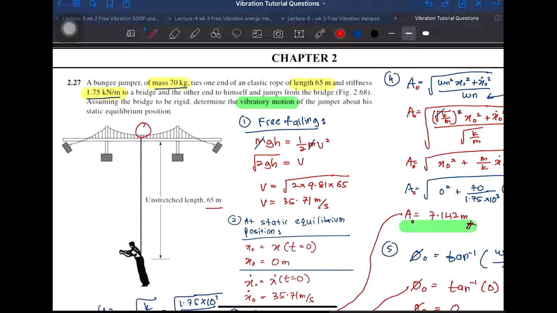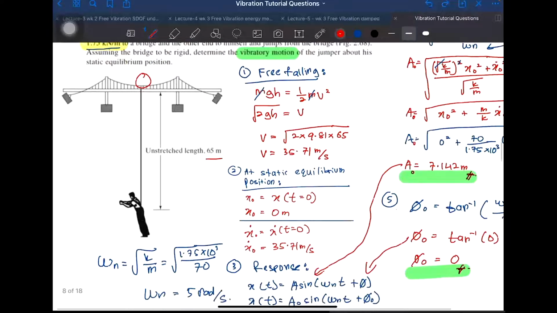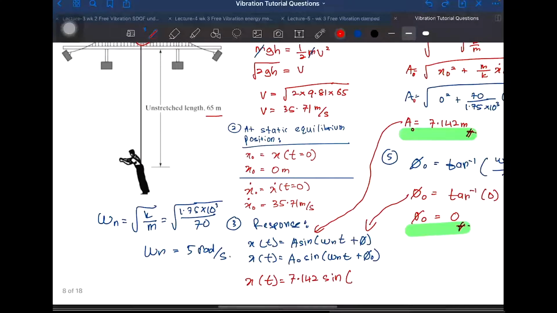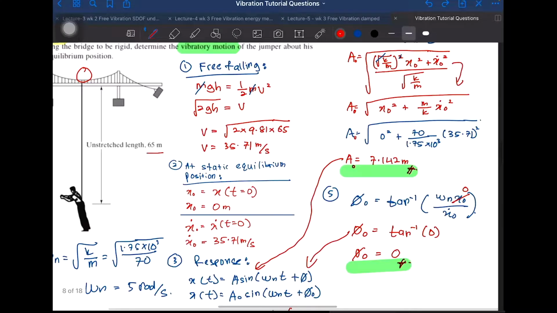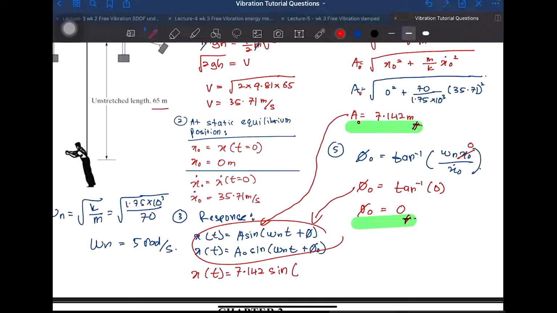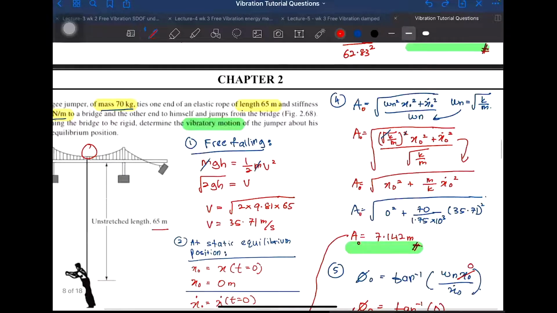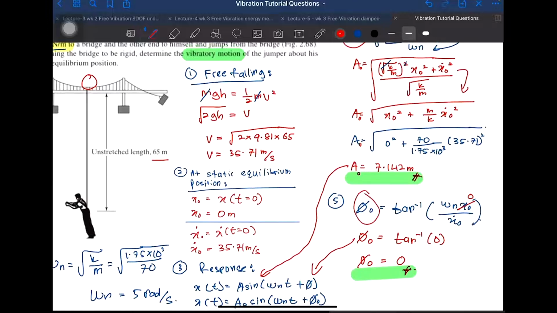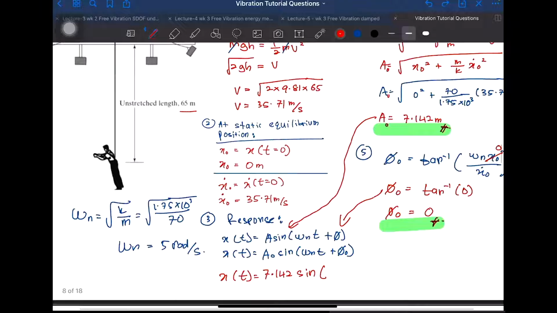There are multiple responses that you can find in your formula sheet if you already downloaded it from the Moodle. So you have to find a response that is suitable for the question. For this question, it is undamped, so you have to use the undamped response. If the question asks you to find the response, you have to find the A, find the phi, and then substitute back. But for this question, they didn't ask you to find the response. They just want you to find the vibratory motion, which means you just have to find the A and also the phi. Actually it's solved already, but I just want to show you what happens if you substitute the A and the phi inside the response.